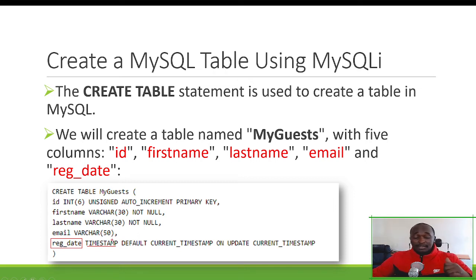But if you don't pass it, then the default value is going to be the current timestamp. If you don't pass it any value when you are adding a guest, then it's simply going to update automatically the current timestamp. So that is what default does. Okay.